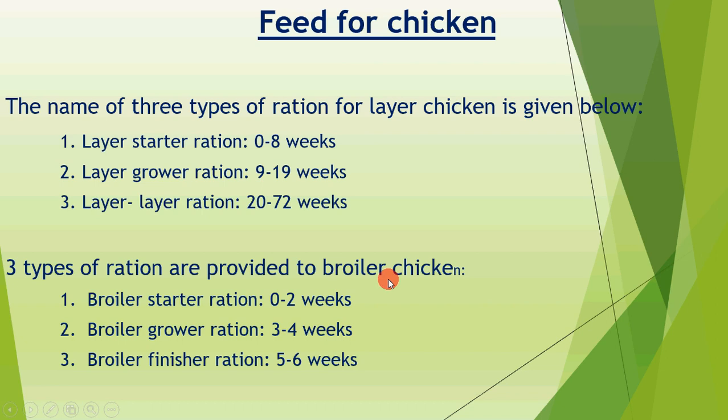Broiler is for meat production, and layer is for egg production. For layers, 0 to 8 weeks they need starter ration, not too much. 9 to 19 weeks they need grower ration, and 20 to 72 weeks, the mature layer chicken, need layer ration. Next, the broiler: 0 to 2 weeks they need starter ration, 3 to 4 weeks grower ration, and 5 to 6 weeks finisher ration, that means the last age.